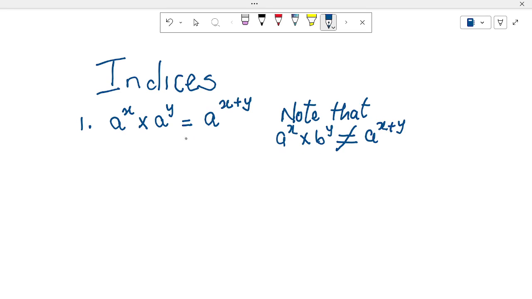So what we are saying is that the two of them must be the same base. You can see the base here is a, you can see the base here is a. Here one base is a, another base is b. It's not the same thing, so that law does not apply. Where the law applies is where we have same base a and a to give us that.